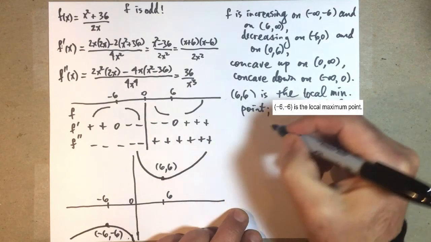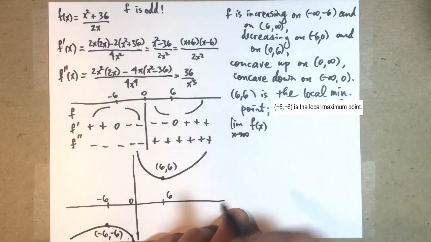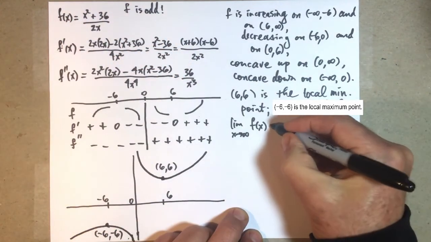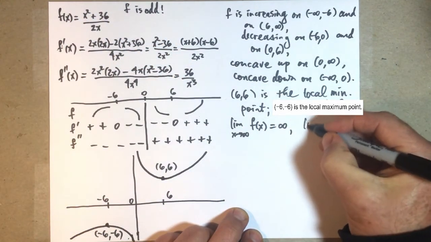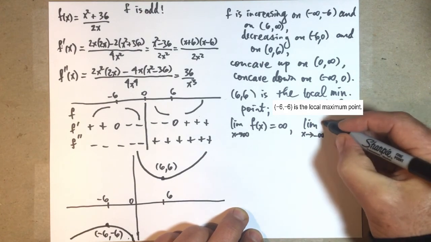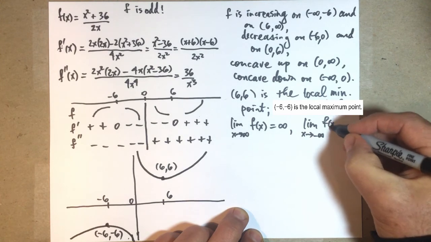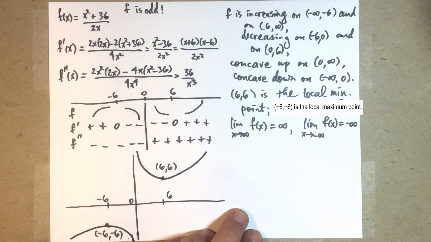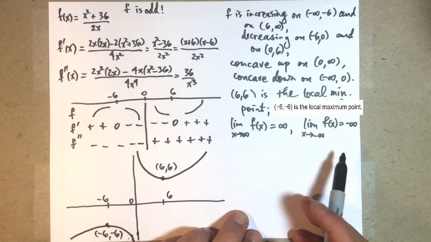Let's look at end behavior. As x goes to infinity, you know from laws of limits that this goes to infinity. Those two limits are infinite, so that tells you a couple things. First of all, there are no horizontal asymptotes.